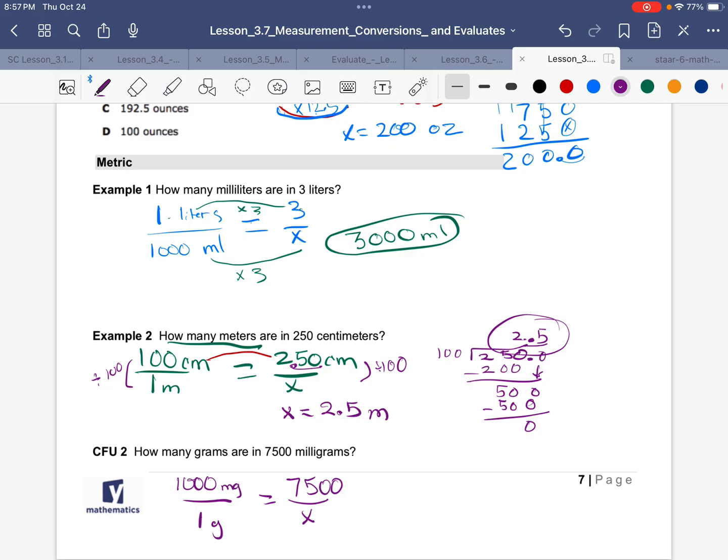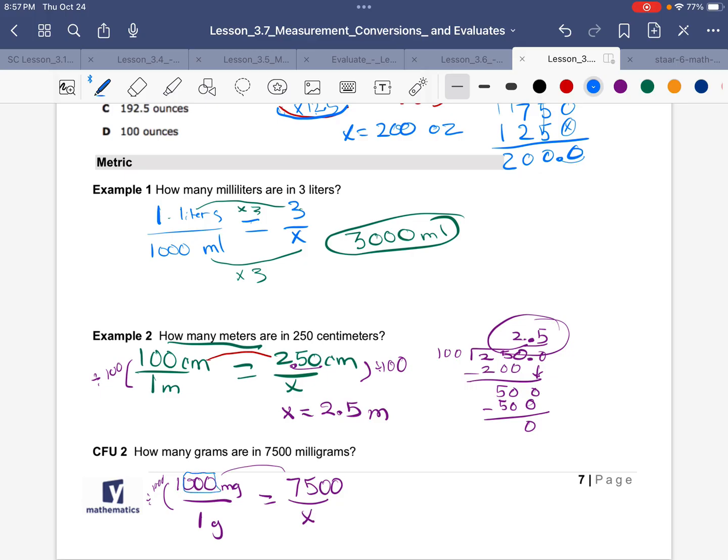So again, you're either dividing by 1,000, because here to here would be divided by 1,000, or trying to figure out what you multiply to get the 7,500. The trick too, when you are dividing by tens, like dividing by a 10, 100, 1,000, you move the decimal the amount of zeros you have. So I have 3 zeros here.